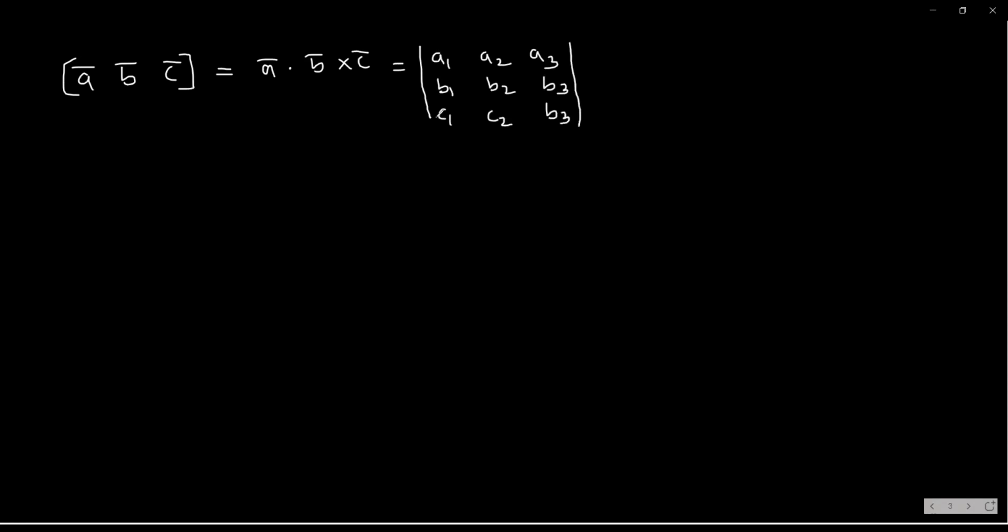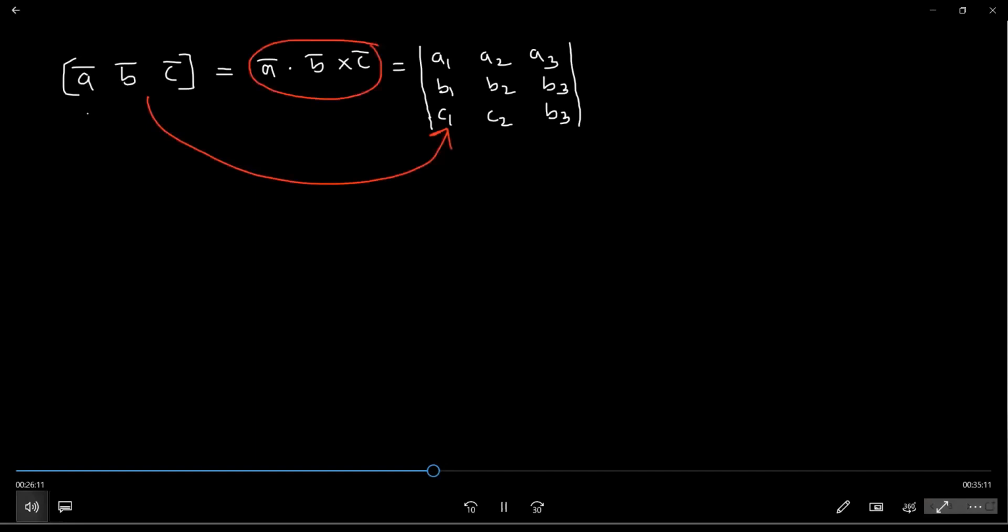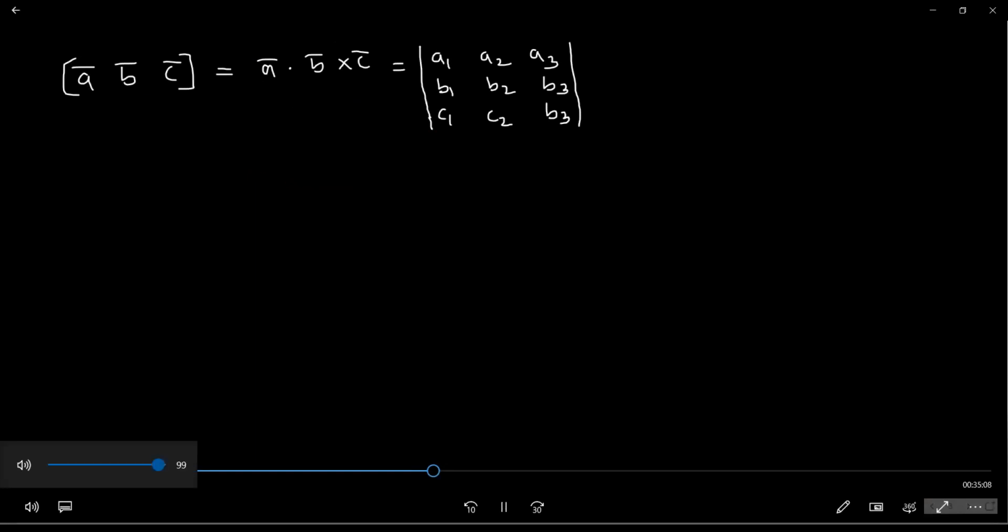It is my suggestion that you know it in this order. I stress this because many students know that box of a bar, b bar, c bar is this, but they neglect this part. Please don't do that. You should know that box product a bar, b bar, c bar is a bar dot b bar cross c bar, and then it is equal to this. Let me write this as 1.